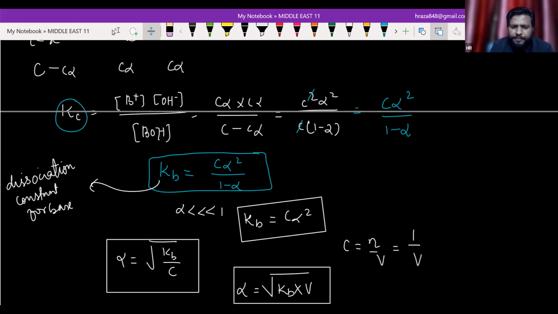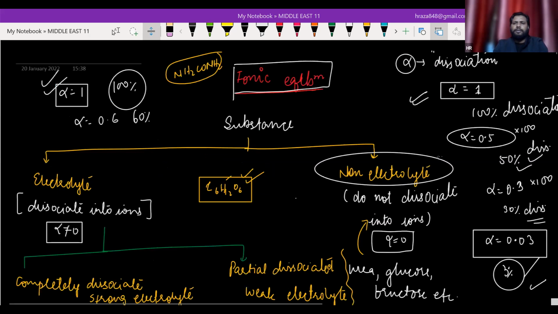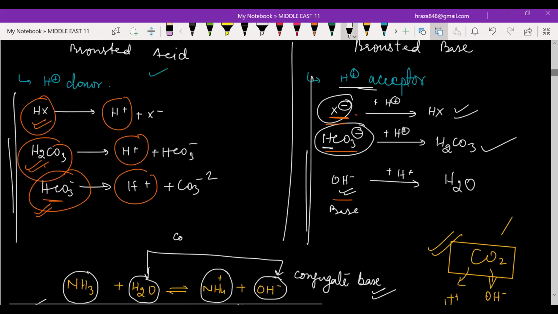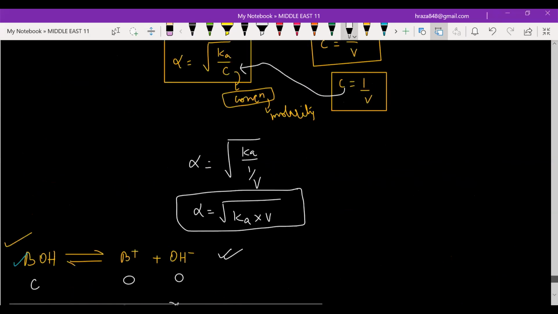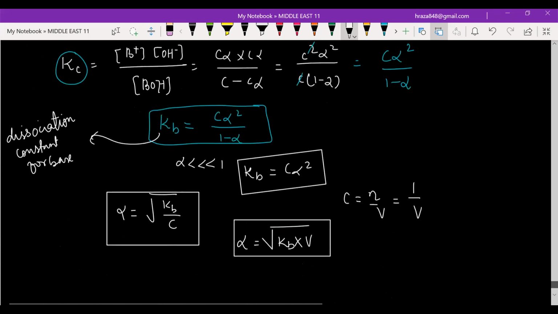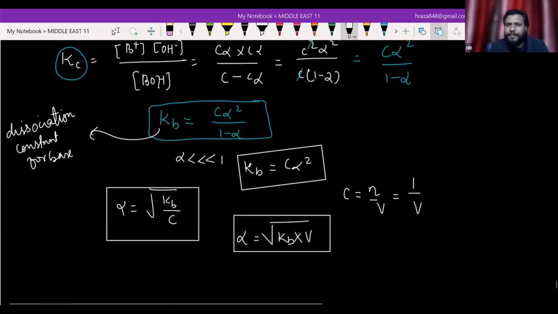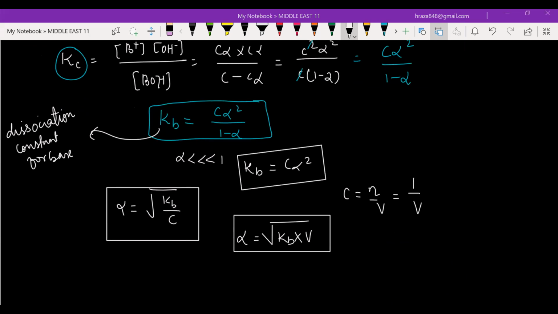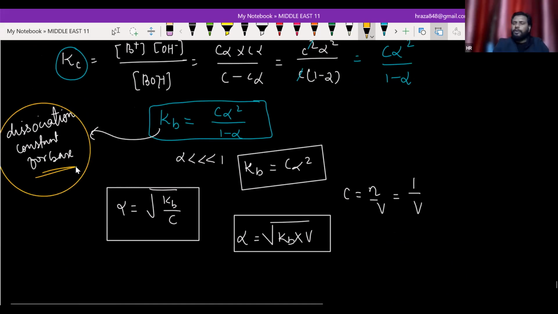Done, everyone? Yes, sir. Fawaz, what is this Kb? Kb is the dissociation constant for base.